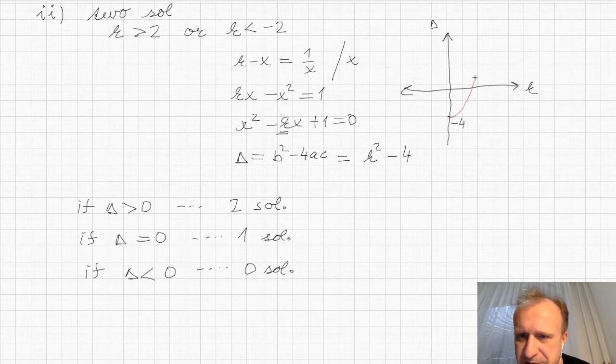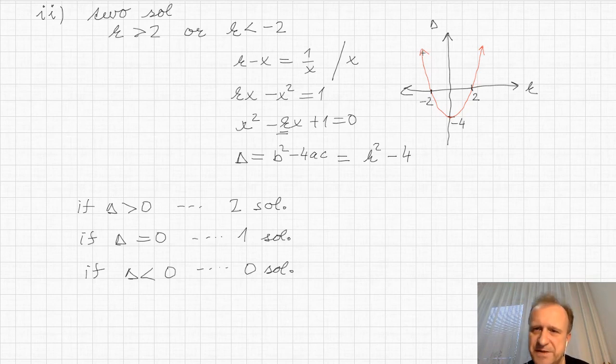Its branches should be opened up, and it should pass through these 2 points for which the value is 0. And you may check yourself that when k is 2, you get 2 squared minus 4, which is 0, so this number must be 2, and when k is negative 2, you also get 0, so this number here is negative 2.